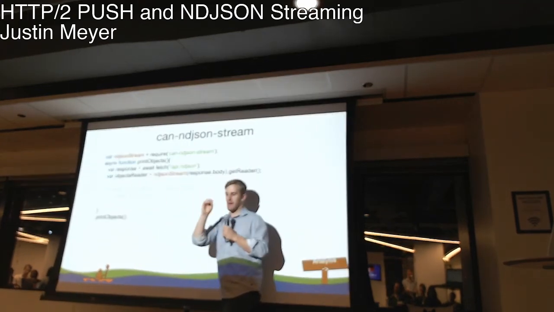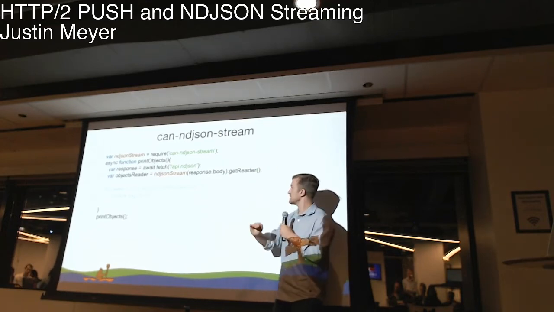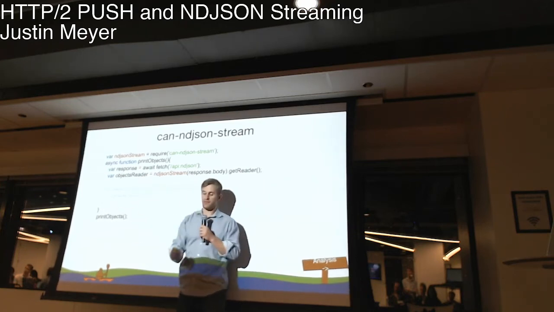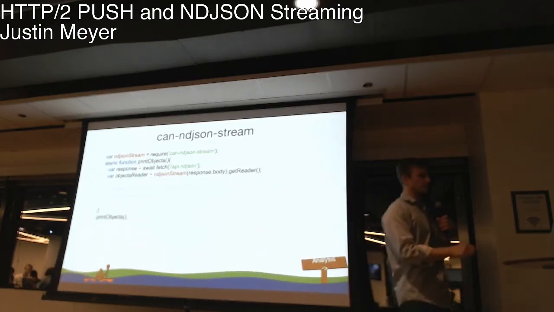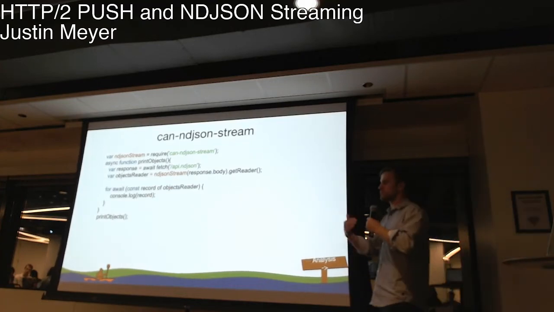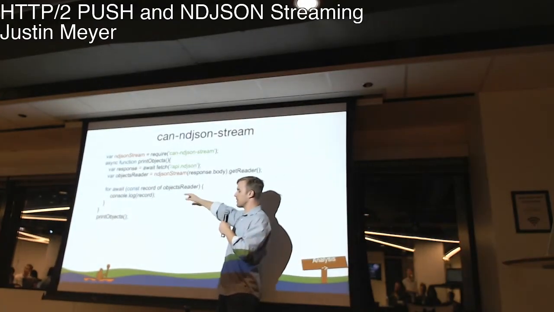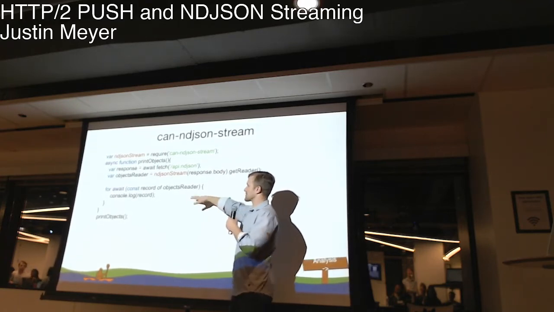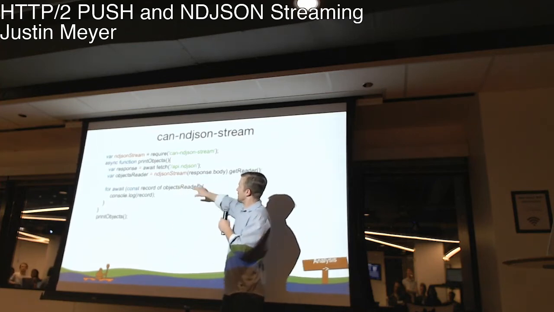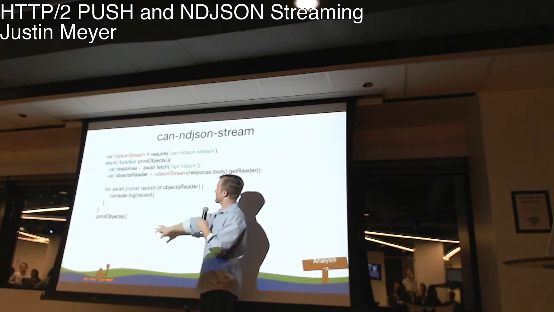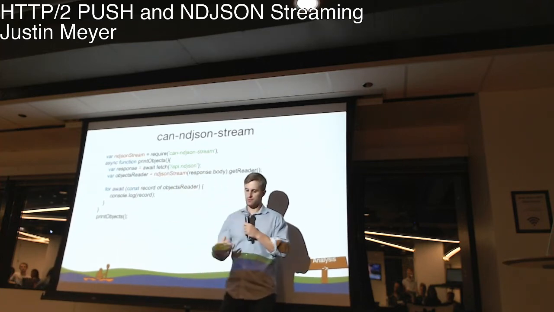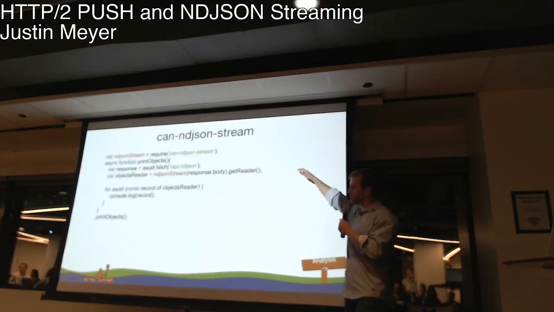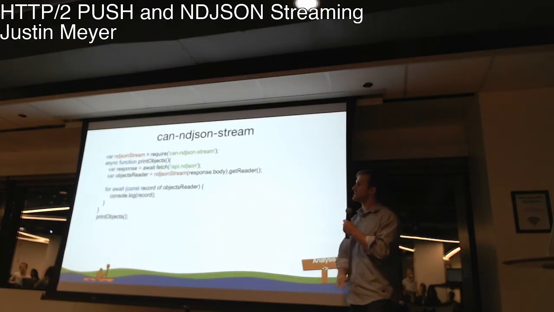As long as the server is streaming that NDJSON, this does that conversion job for you, so that the object's reader itself is your records from your database. What you'd probably do in real life is create a table row and write out each record as it comes, but I'm just console logging it here. So this is what it would look like if you're using that library to connect to a streaming service and write out the response as it comes in.